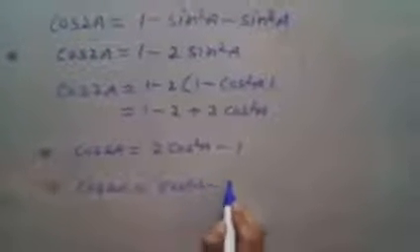So this one is the third formula. And if we see the first step, cos 2A is equal to cos square A minus sin square A.